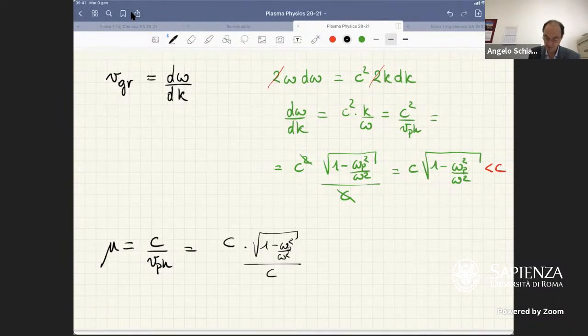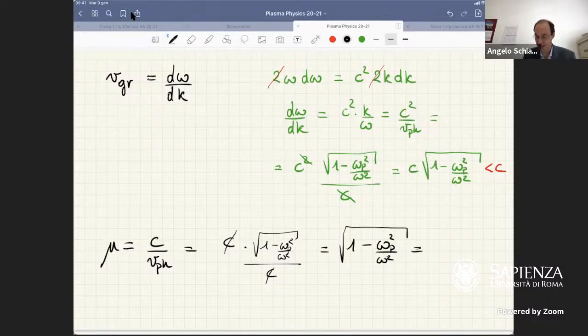It is a ratio of velocities, so it is a dimensionless number, and can be expressed as the square root of 1 minus omega p squared over omega squared, or as a function of the densities, the square root of 1 minus the electron density divided by the critical density.